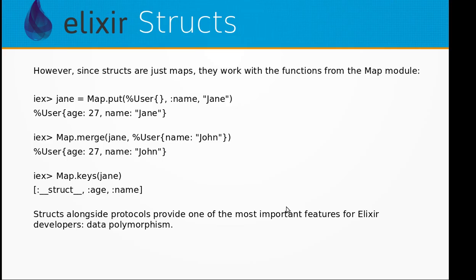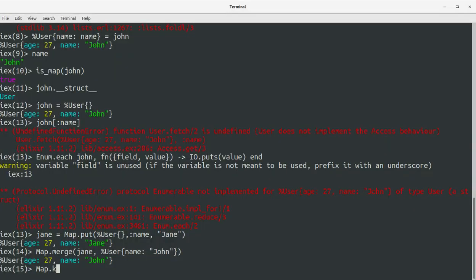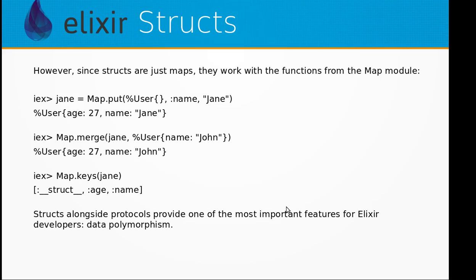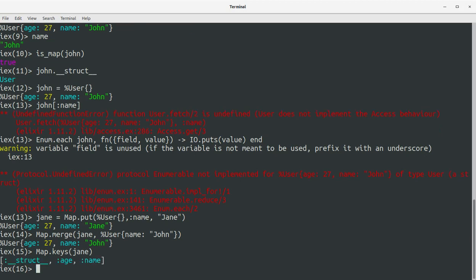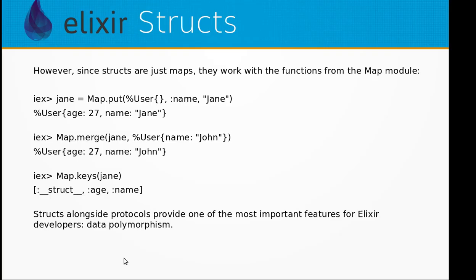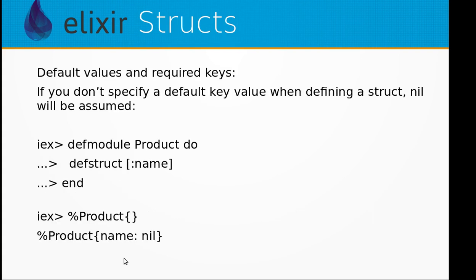Okay, that's done. And similarly map.keys, pass the John and we get the object type, that is struct, we get the key age and we get the name key. Structs alongside protocols provide one of the most important features for Elixir developers, that is data polymorphism.